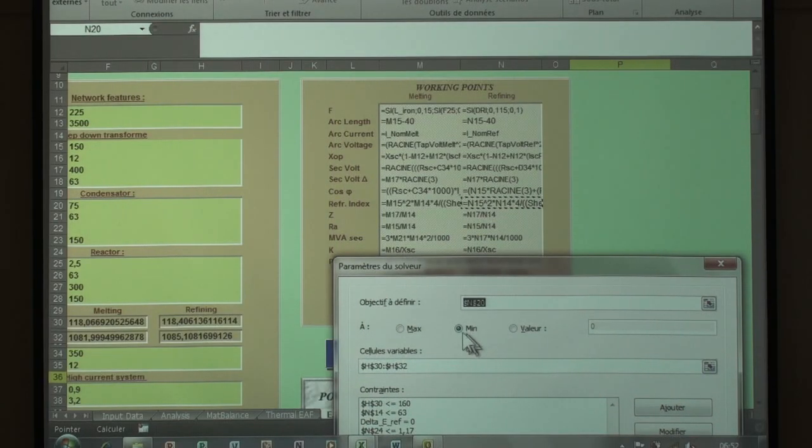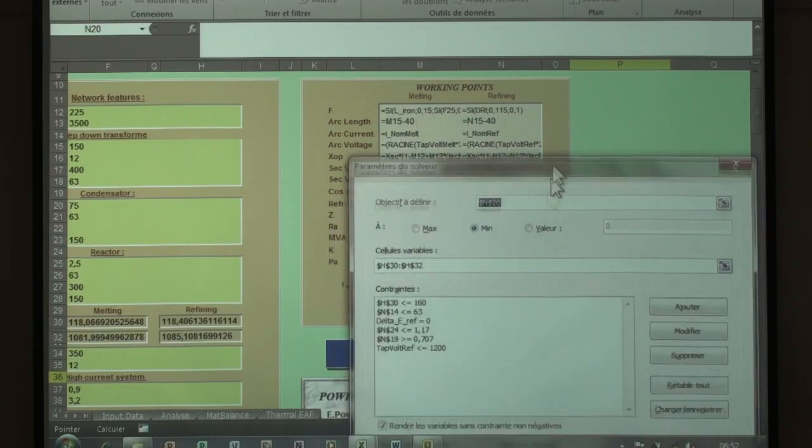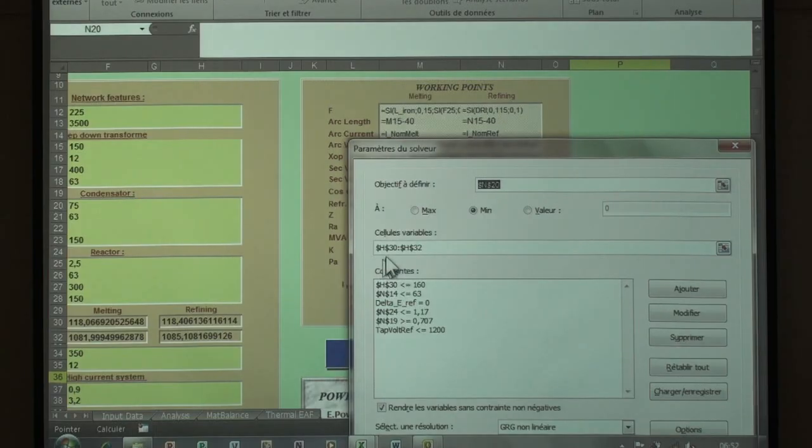I try to get the minimum of it by changing H30 and H32. That means the MVA and the voltage. These are my variables. And the condition is I need to have MVA lower than 160.